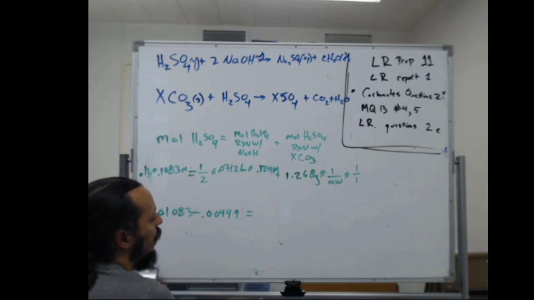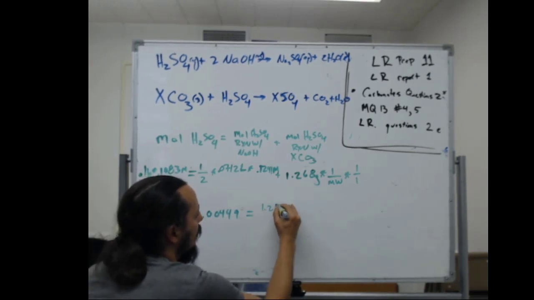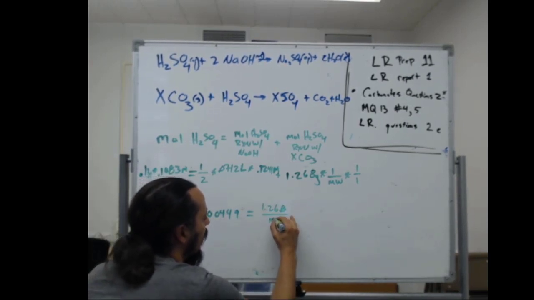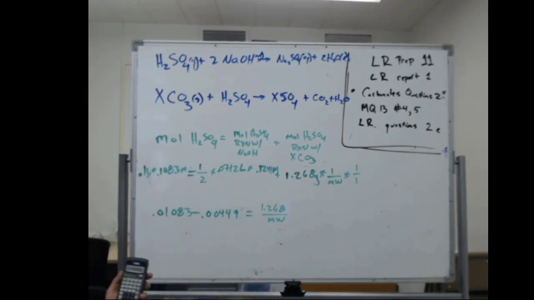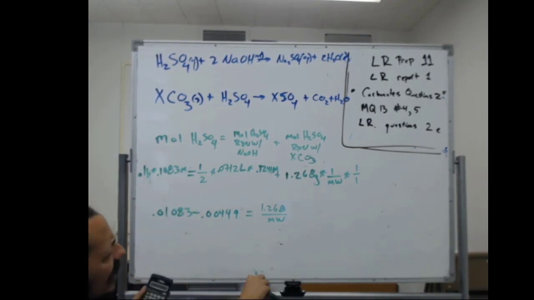0.00449 is equal to 1.268 divided by molecular weight. And then I'm going to solve for molecular weight. I'll bring my molecular weight over, bring that down. Again, your numbers are probably different than mine, but we'll see how this goes.